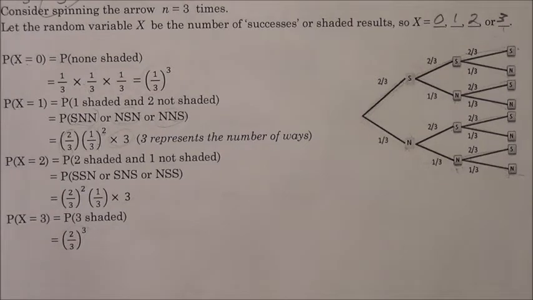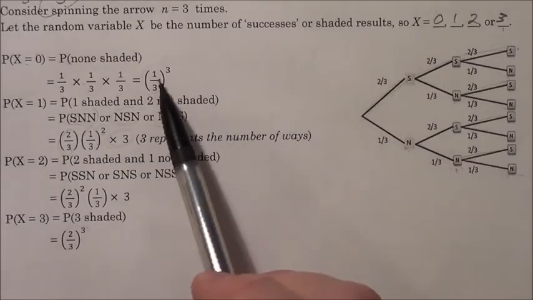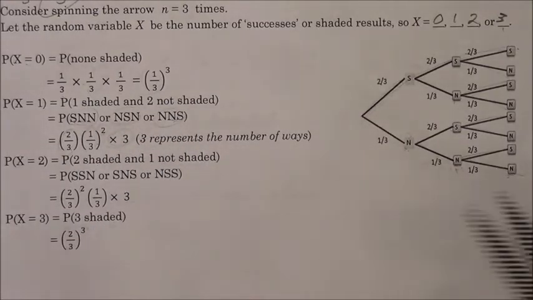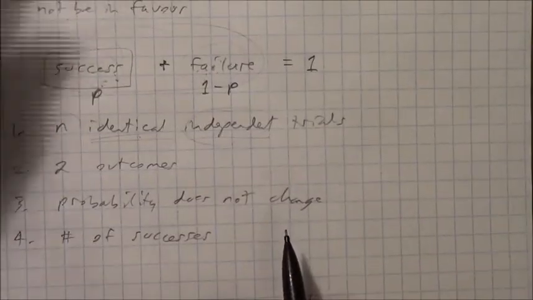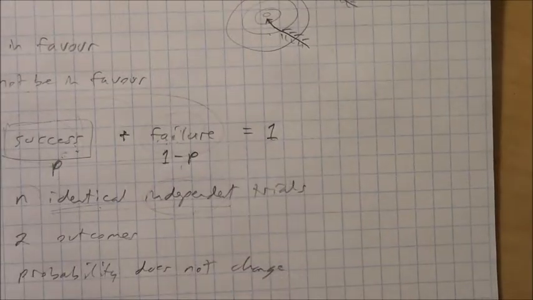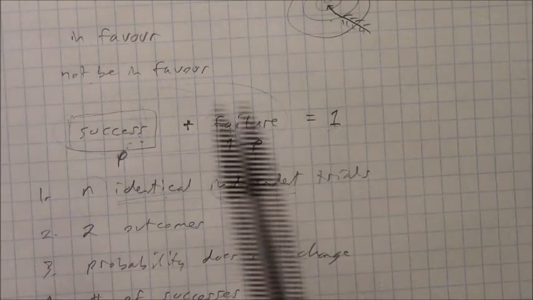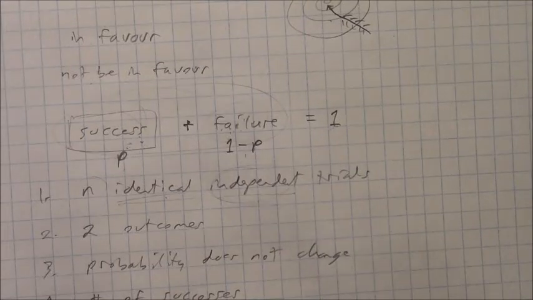Okay, so what we can do then is add all these together, because we want to see if all of this will add to 1, because it should add to 1, because the probability of a success plus a failure should equal 1. So all of those possibilities should equal 1. And the reason why all of those probabilities together should equal 1 is because we're taking a look at all the possible outcomes that could occur.